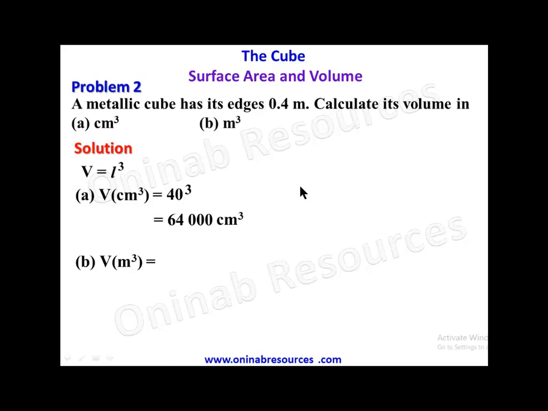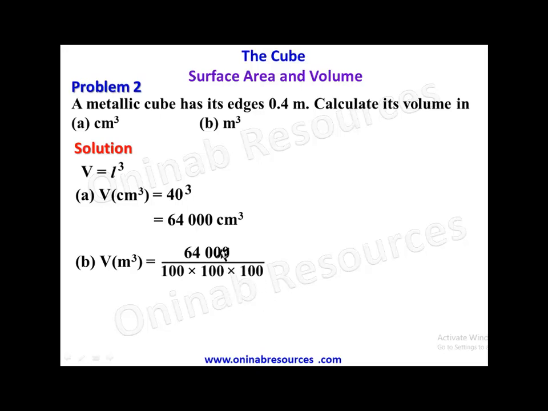If you have 10 squared centimeters and you are converting it to squared meters, we divide by 100 times 100. So now that we have it in cubic centimeters, we are going to divide by 100 by 100 by 100, so that we have 64,000 divided by 100 times 100 times 100.